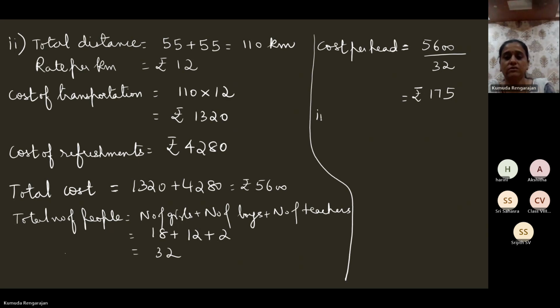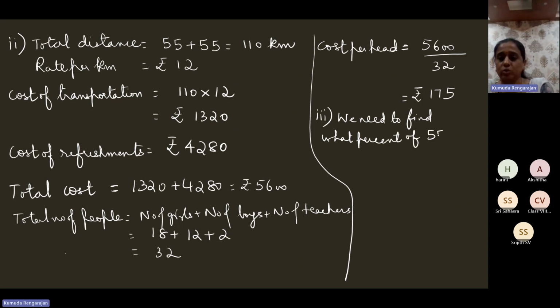Okay. We need to find what percent of 55 kilometers is 22 kilometers. So let it be X percent.